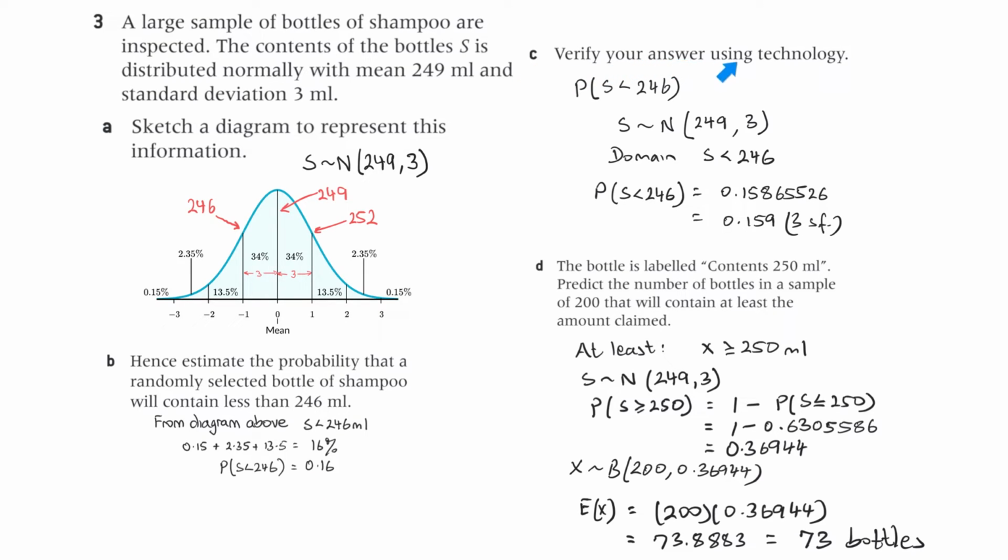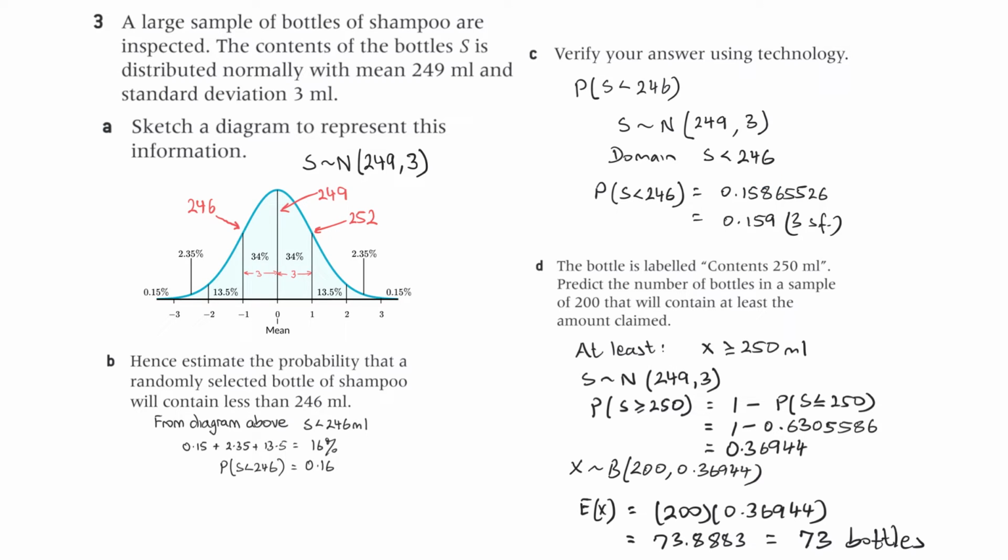C, verify your answer using technology. I use the TI-Nspire, and you can also use the 84, quite straightforward. You go to probability, distributions, normal CDF, and we know that the mean is 249 and the standard deviation is 3. We want the domain along here to be less than 246.